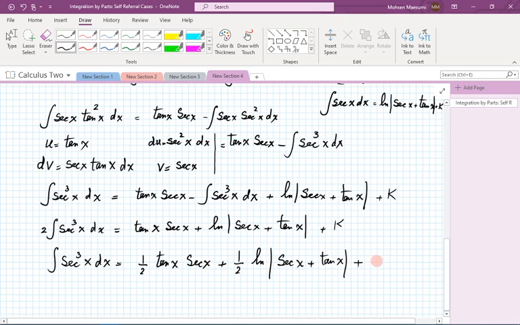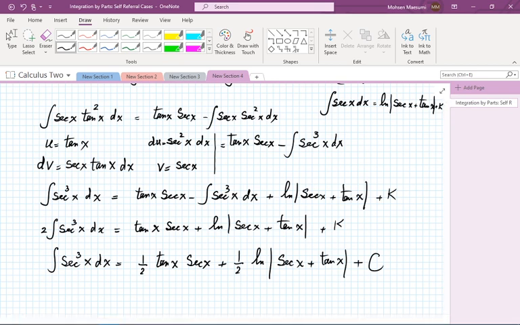Just to keep the formulas nice, you can call it some other constant, maybe c. So that's a formula for the integral of secant cubed. Rather strange or unmotivated, but when you do a bit more trig integration, this becomes one of the normal things that we are going to see.